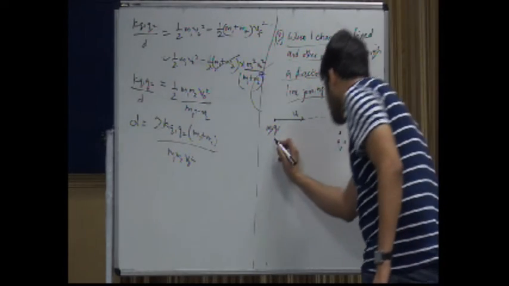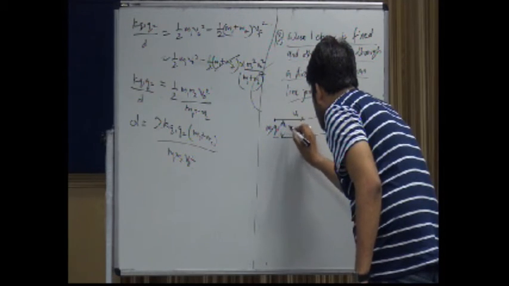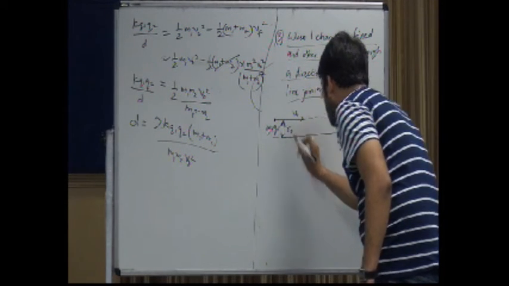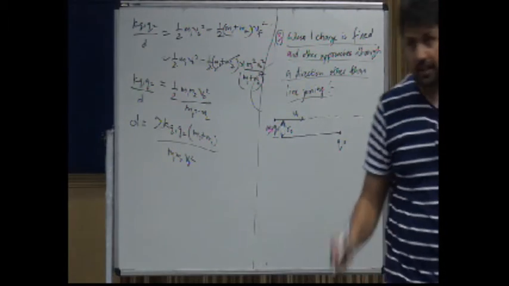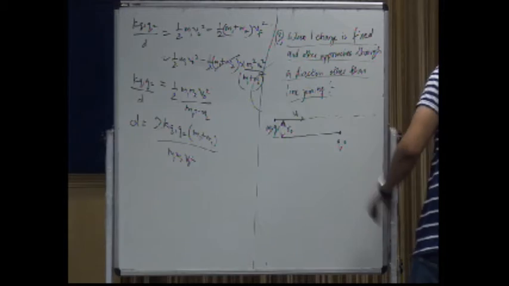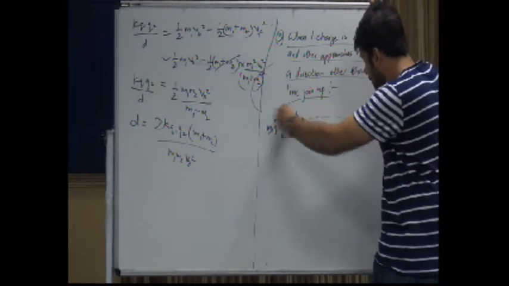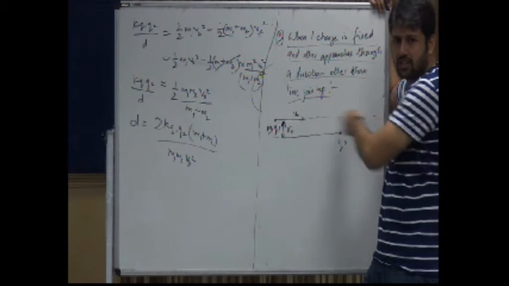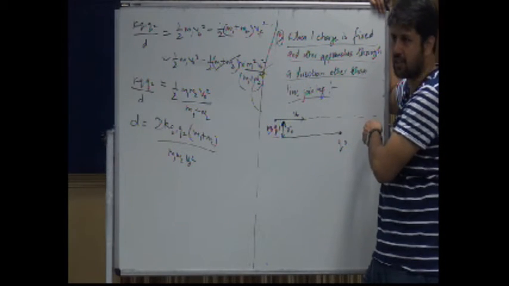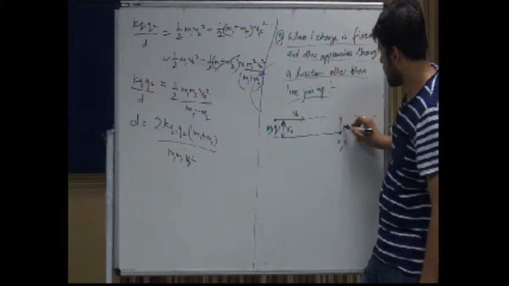The perpendicular distance between the initial path and the fixed charge, let's call it r0. The initial line of motion is this. The perpendicular distance of the fixed charge from the initial line of motion is r0.